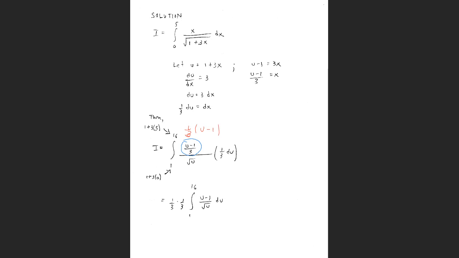So I have a third here, and I have a third here. I'll bring both of them out in front of the integral. So that's 1/3 times a third. And what I'm left with then is (u minus 1) over the square root of u.